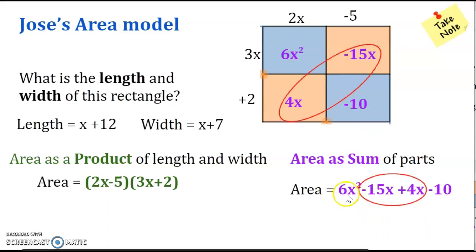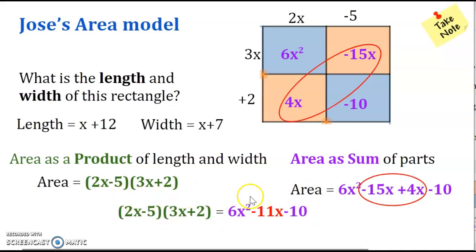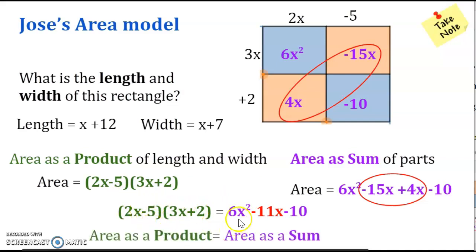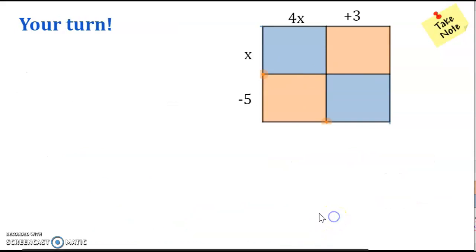And then we combine the like terms, negative 15x and 4x. Then you set the two expressions equal to each other, because we're really talking about the same area. So this is the area as the product, and the right-hand side is the area as a sum.